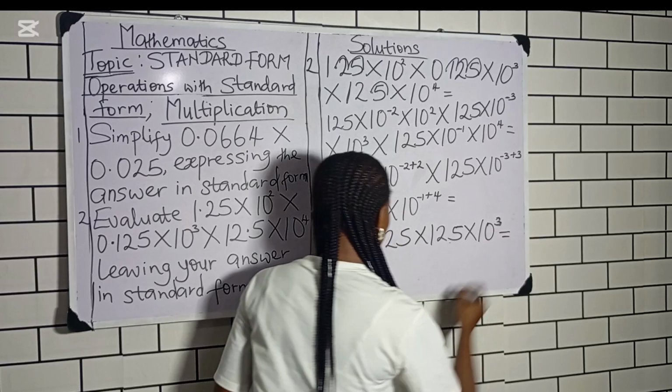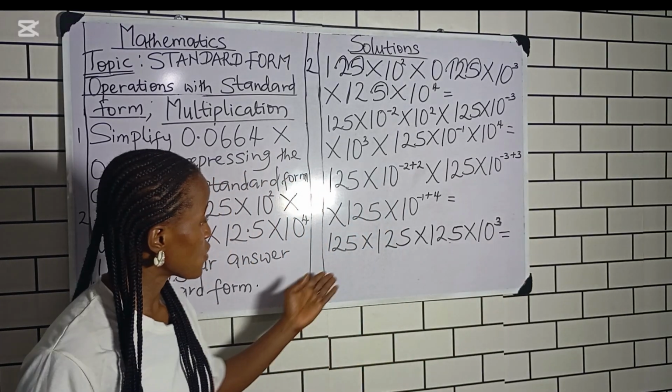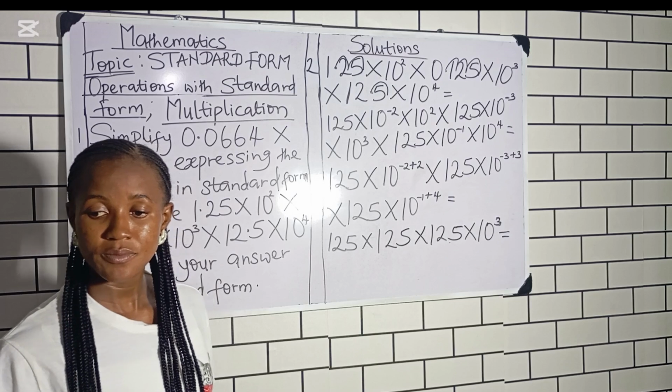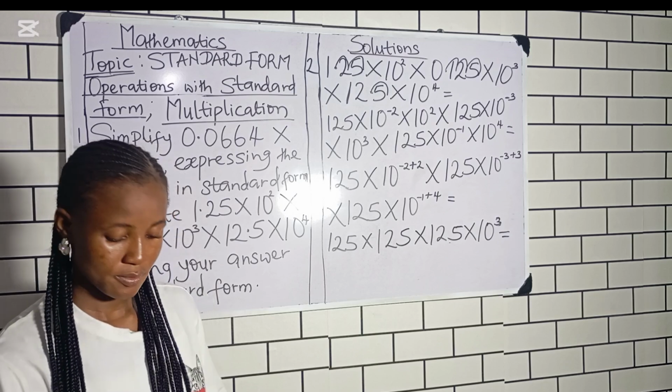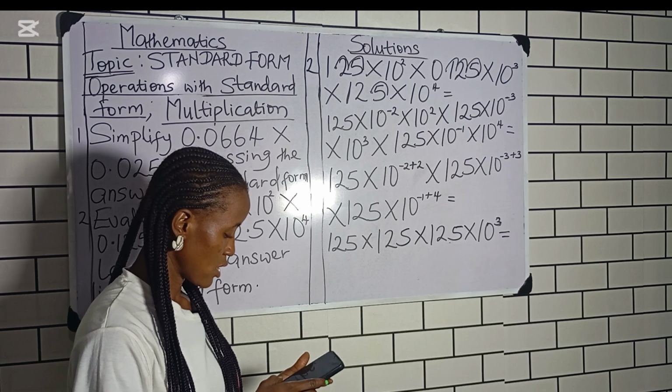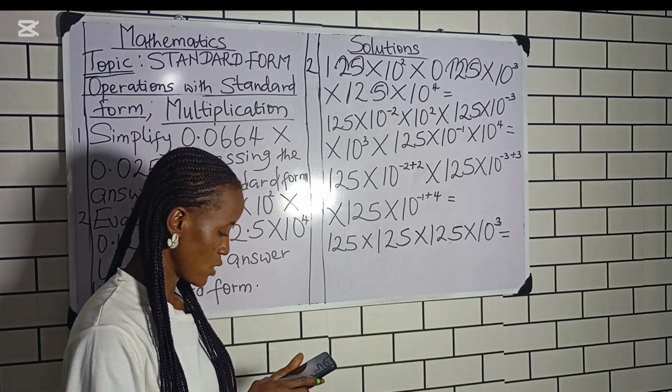Now, what are we going to do? We are going to multiply out all the 125 here. 125 times 125 times 125.